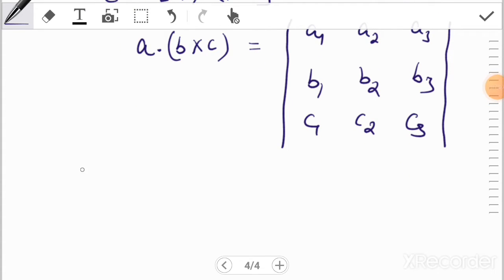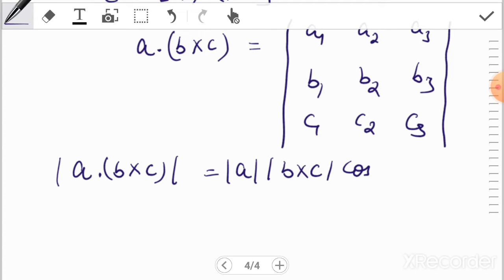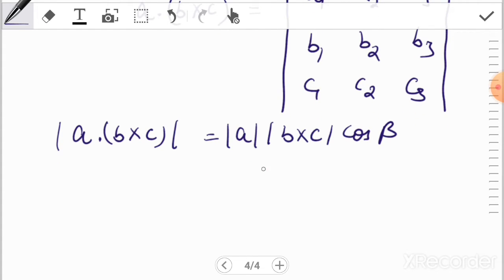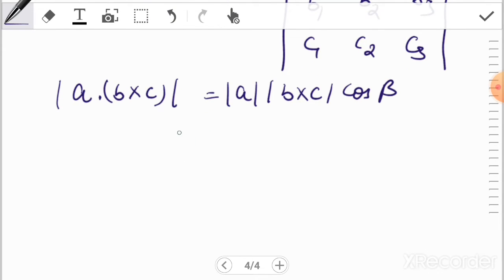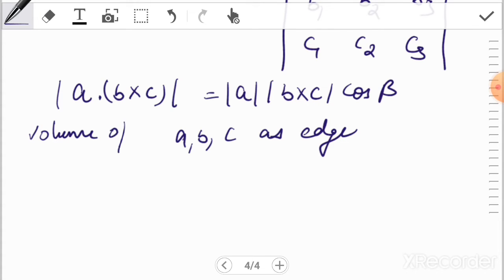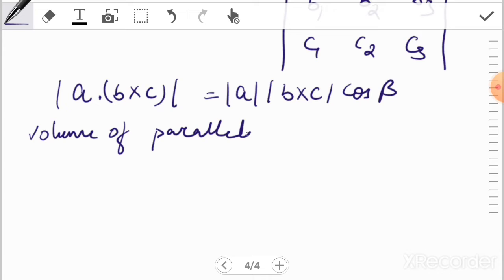Also, we can interpret A dot B cross C scalar triple product as magnitude A, B cross C, cos beta. So the absolute value of this scalar triple product is actually the volume of the parallelepiped with A, B, C as edges.